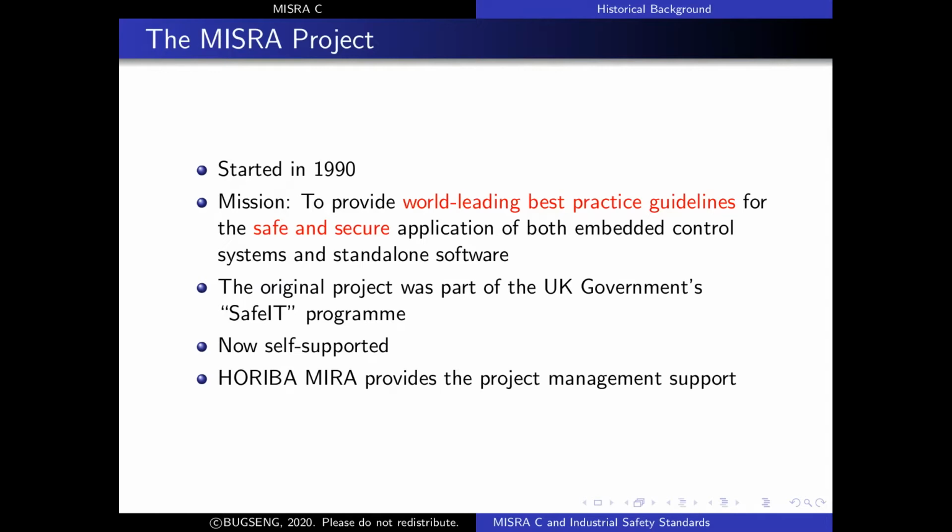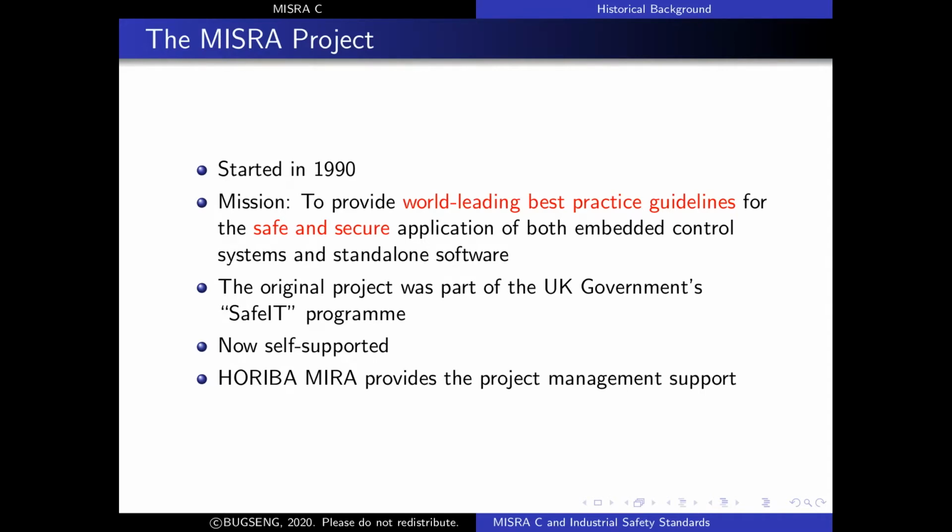So MISRA C, let's start with the MISRA project. MISRA C is one of the activities of the MISRA project, which started in 1990. Originally, it was an emanation of a research program funded by the UK government called SAFE IT. The mission has always been to provide world-leading best practices for safe and secure programming. The project has been self-supported for many years.